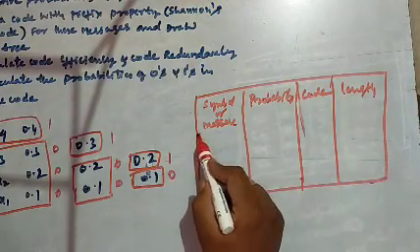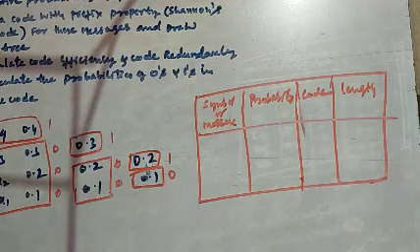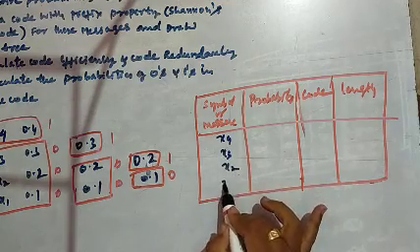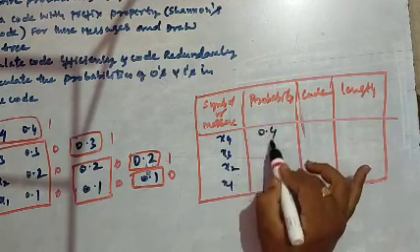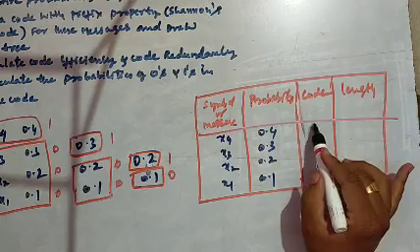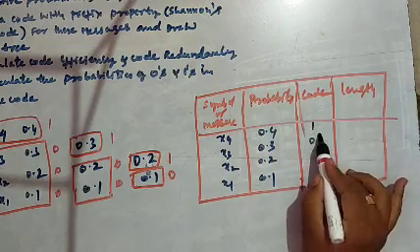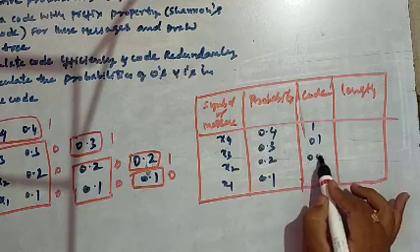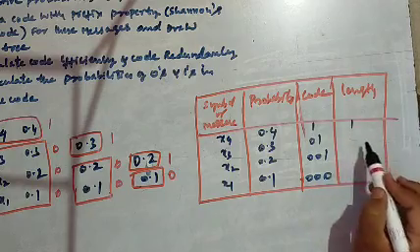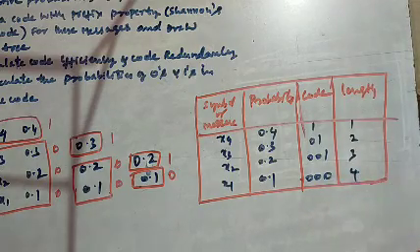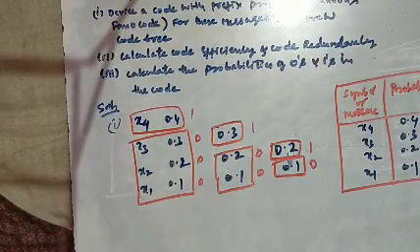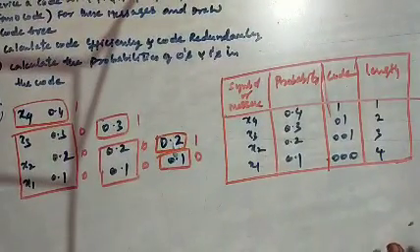The symbols are x4, x3, x2 and x1, with probabilities 0.4, 0.3, 0.2 and 0.1. Their codes are 1 for x4, then 01, 001, 000. The lengths of the codes are 1, 2, 3, 4 respectively. This is the solution of sub question 1. We have formed the table and devised the code with the prefix property.